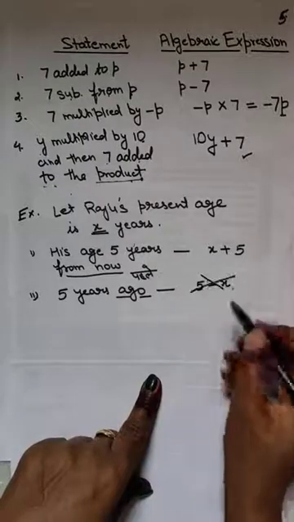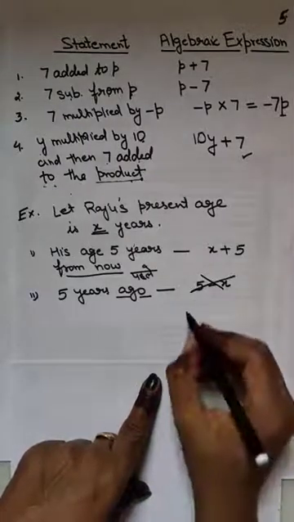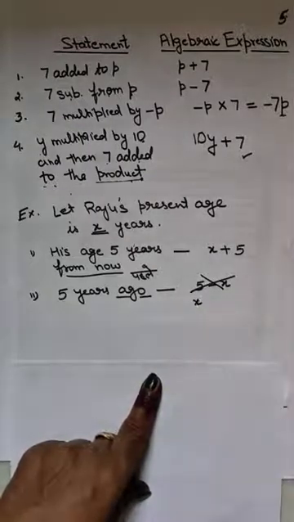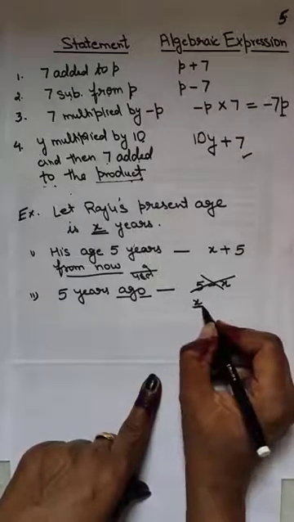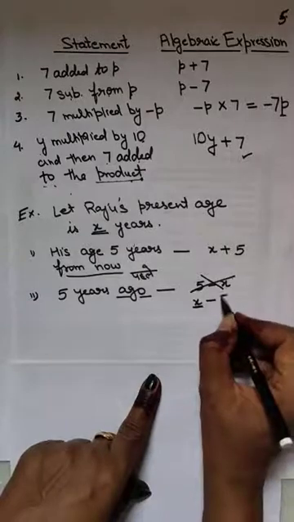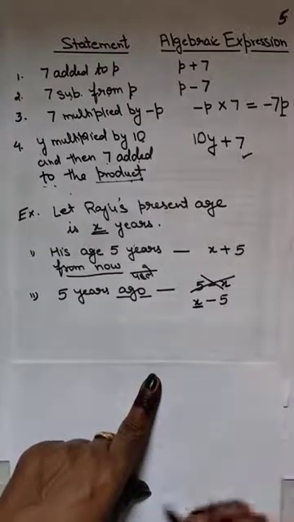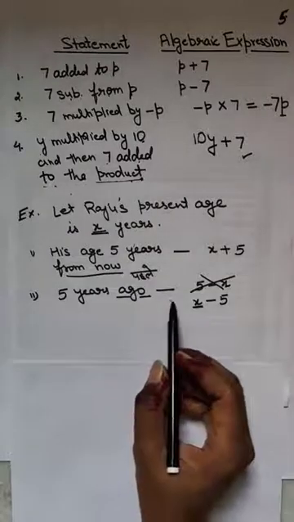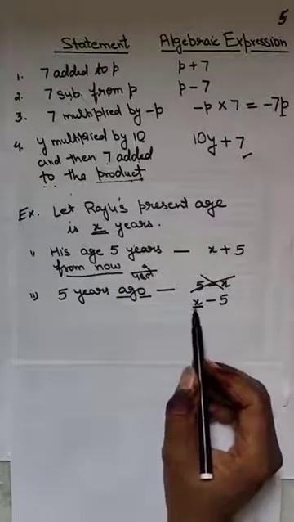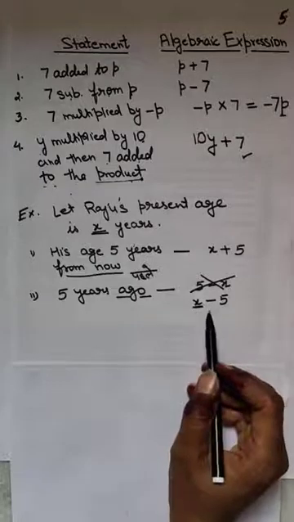This is wrong. His present age is x. From the present age, you will subtract 5 years. You will not subtract the present age from 5. So, 5 years ago, his age was x minus 5.